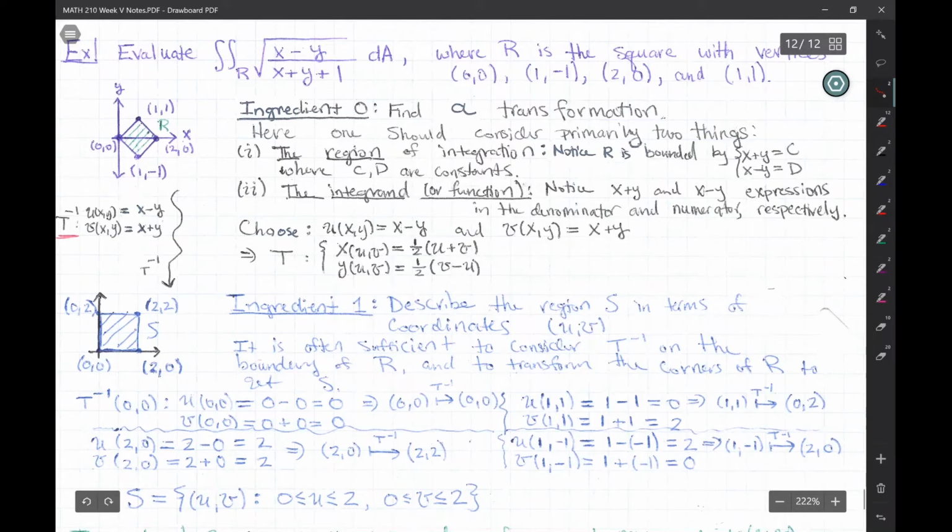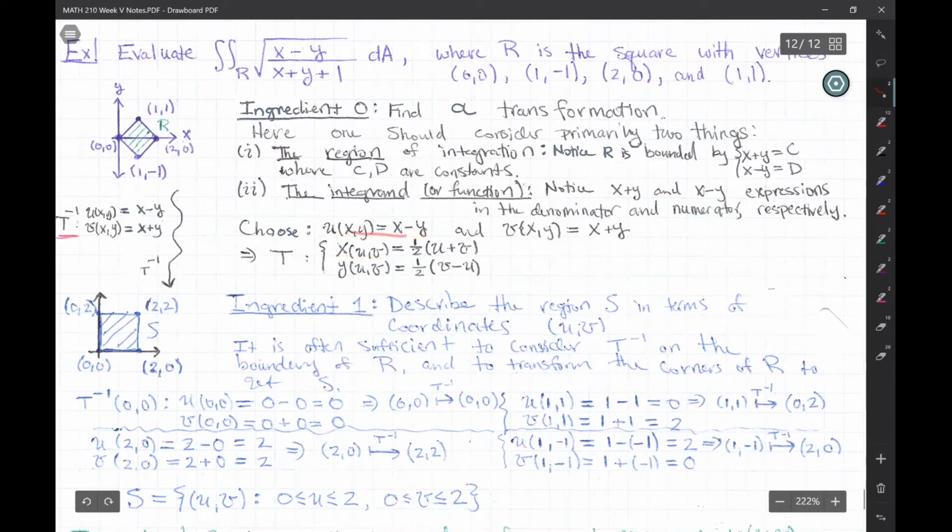So looking at these two, they suggest that we should define our new coordinate u in terms of x and y as x minus y, and our second coordinate v as x plus y. Now, this is u in terms of x and y, and v in terms of x and y. That's the inverse transformation. So the transformation is x in terms of u and v. We could just solve.